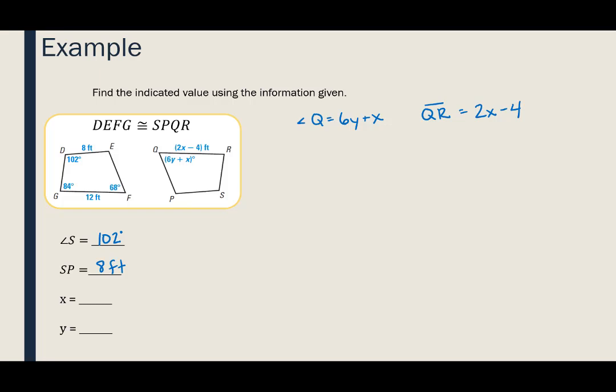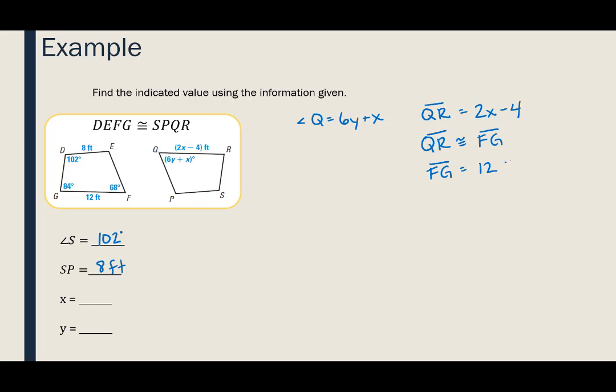To finish this out, we need another value. QR are the third and fourth positions of my right side polygon. So they're going to be congruent to F and G because that's in the same position. FG in this diagram I see is 12 feet. So QR is congruent to FG, and FG equals 12.